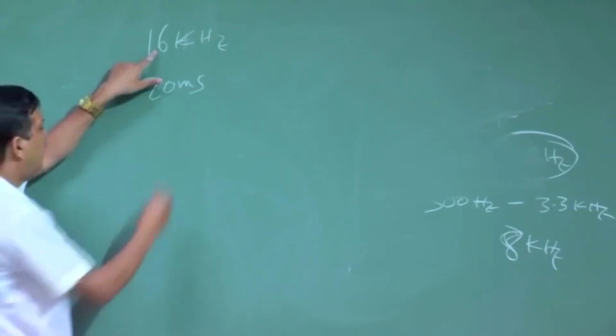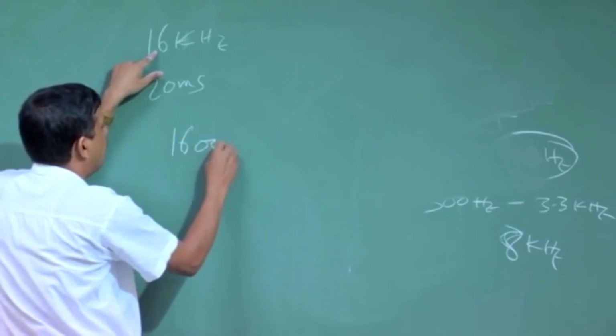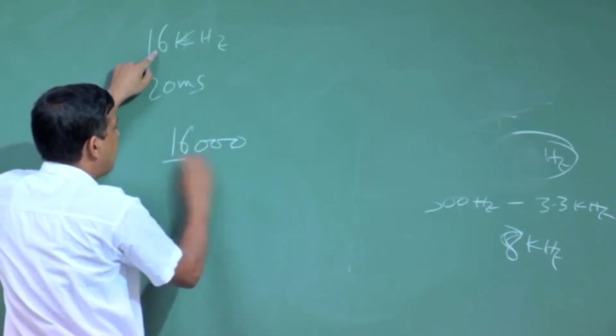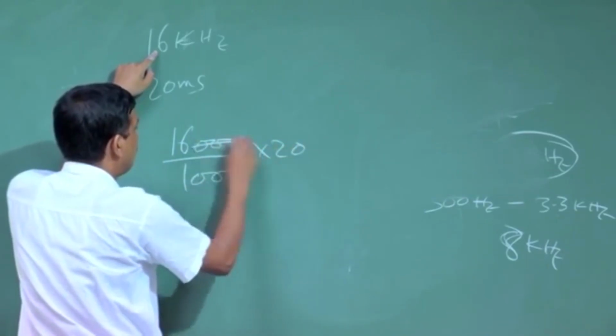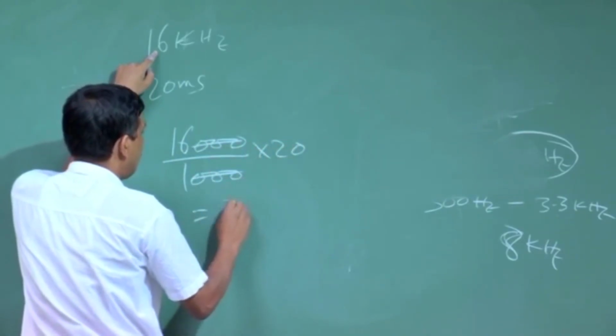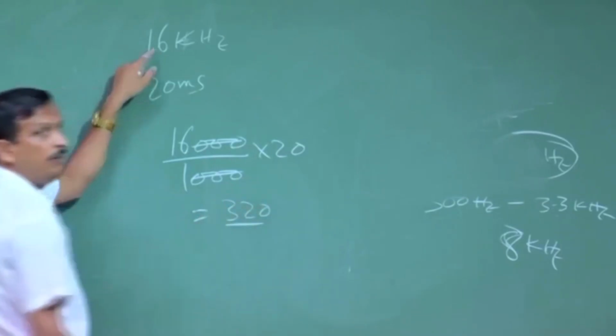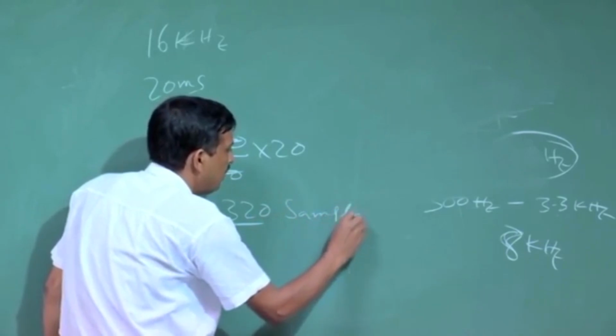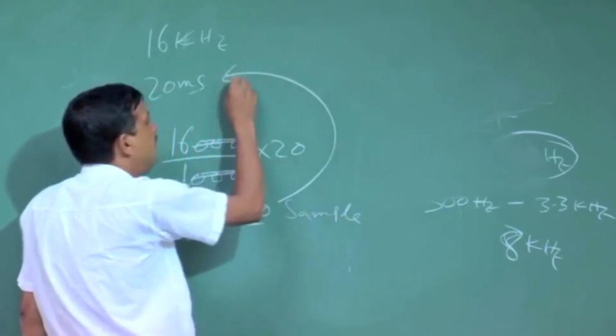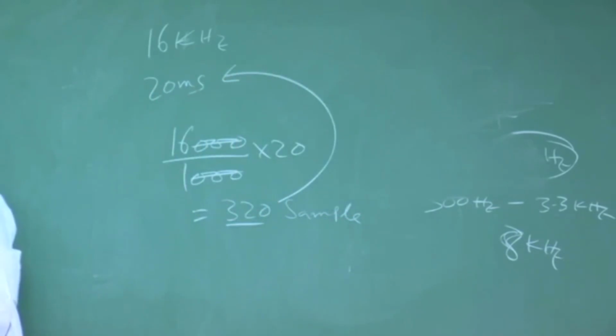In 1 second there will be 16 kilo samples. In 20 milliseconds, 16,000 into 20 over 1000, that is 320 samples. So, 320 samples represent 20 milliseconds.